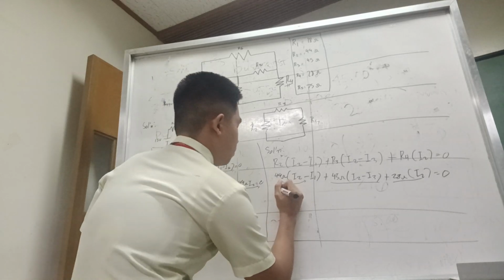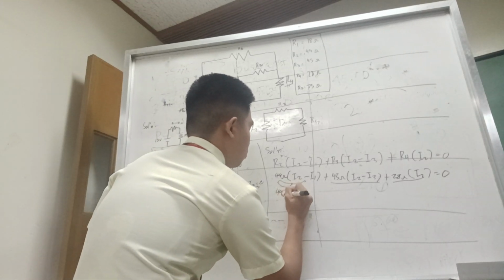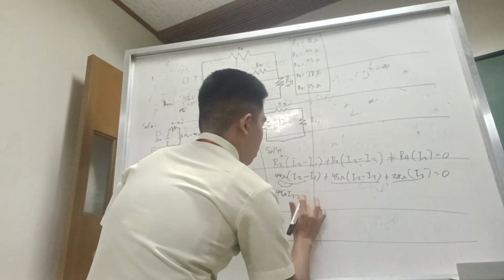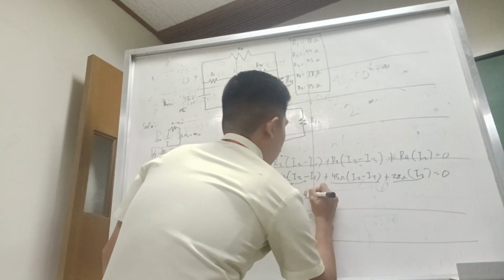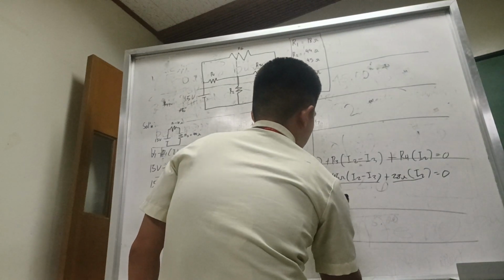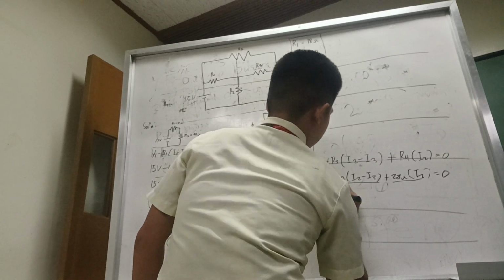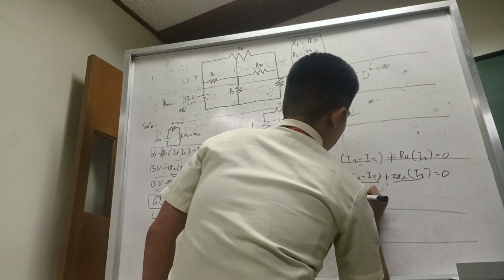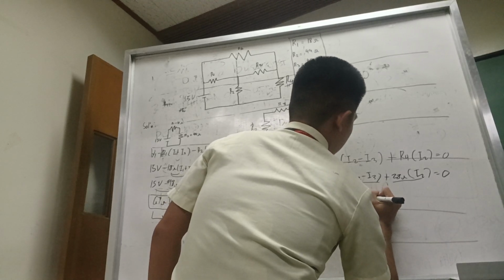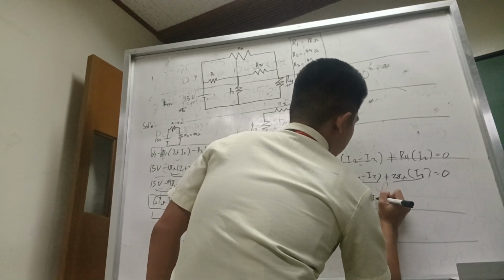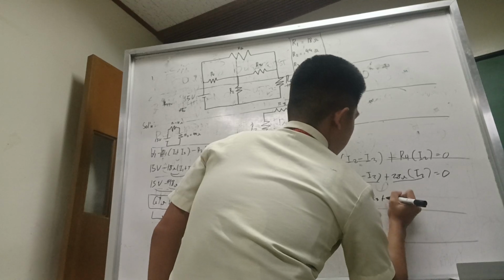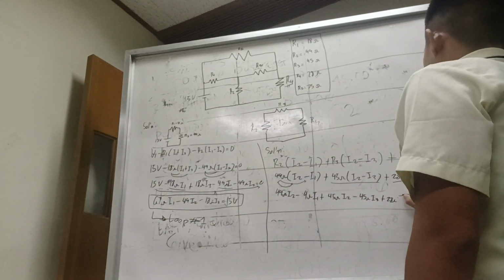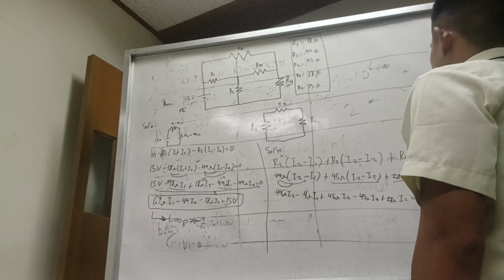So the result would be 49 ohms I2 minus 49 ohms I1 plus 45 ohms I2 minus 45 ohms I3 plus 28 ohms I2 is equal to 0.